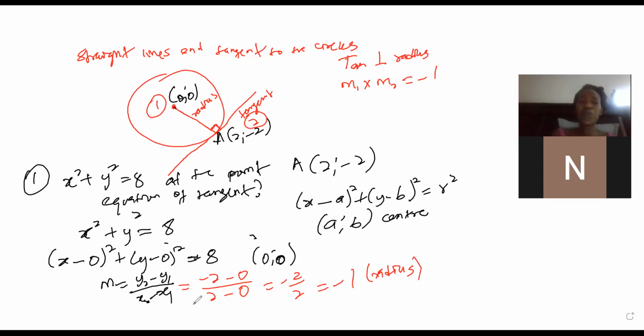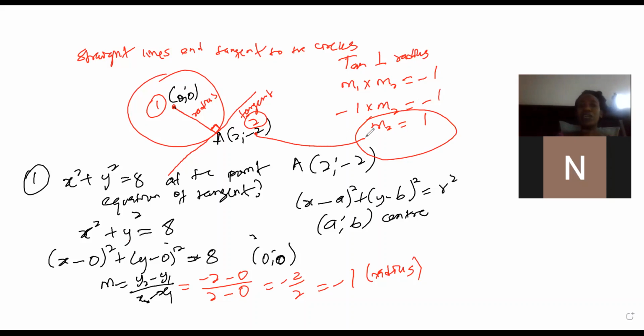So now we know the gradient for the radius is -1, so -1 times m2 for the tangent equals -1. Then can you see m2 is 1? So that's how you get the gradient for the tangent.